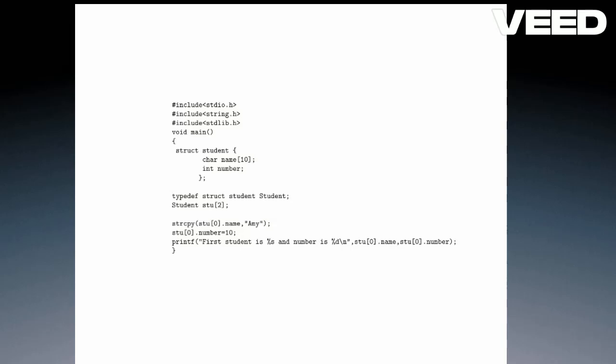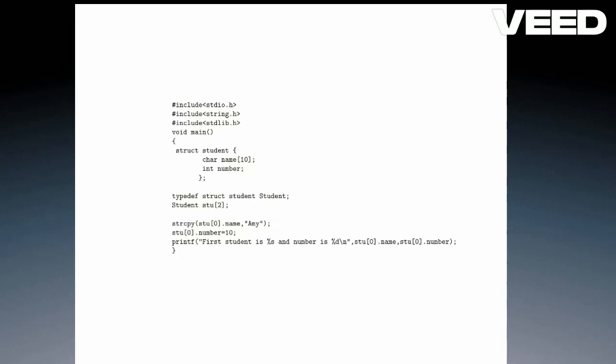Now here I have used the same two ideas that we have learned, that either we can directly declare a structure or we can declare pointers to a structure and allocate space ourselves. So here, in another way, I have directly allocated an array of structures.